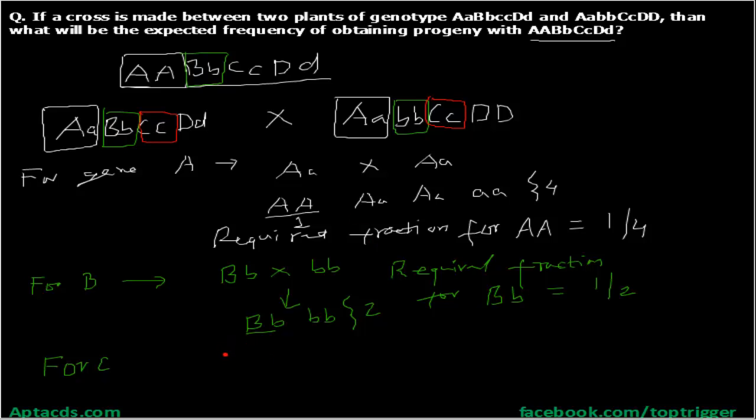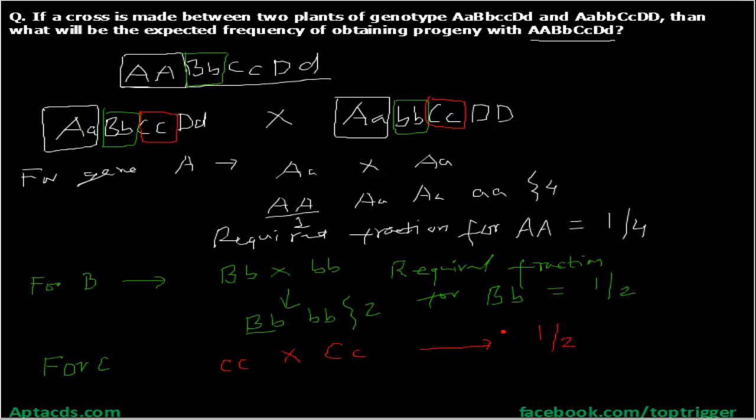So if we consider this cross, that means we have to cross small c into capital C, small c. Actually this is the same thing we have seen in case of B. So this is also going to give you the ratio of 1 by 2.